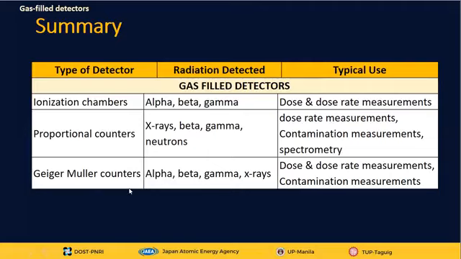And Geiger-Müller counters can detect alpha, beta, gamma, X-rays, and sometimes neutrons, and are appropriate for dose and dose rate measurements given the proper algorithm and contamination measurements because of their high sensitivity.